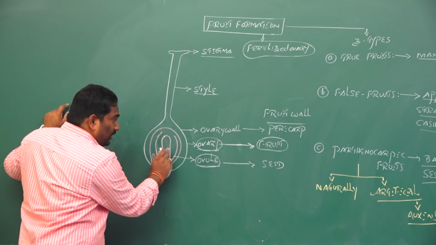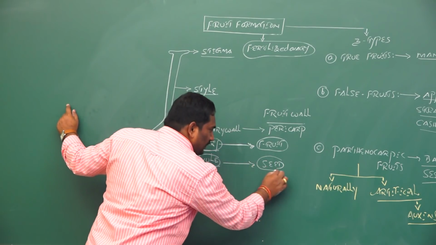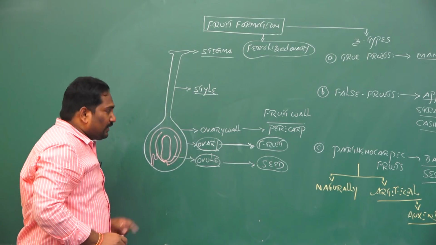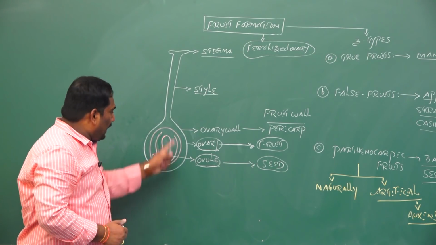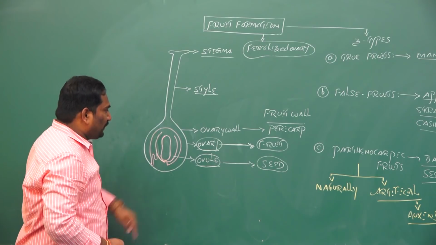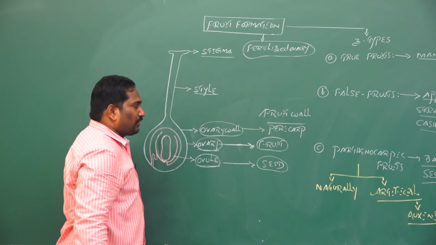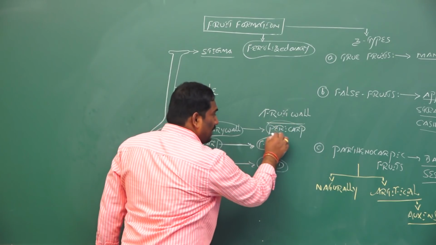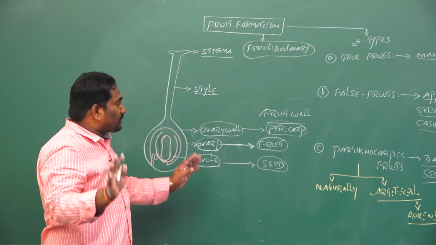And inside the ovary, ovules are present. When ovules are fertilized, seeds are produced. This is the reason seeds are present inside the fruit. And this is the ovary wall. During fertilization, the ovary wall turns into the fruit wall. The fruit wall is also called the pericarp. It's a protecting layer or protecting structure in fruits.